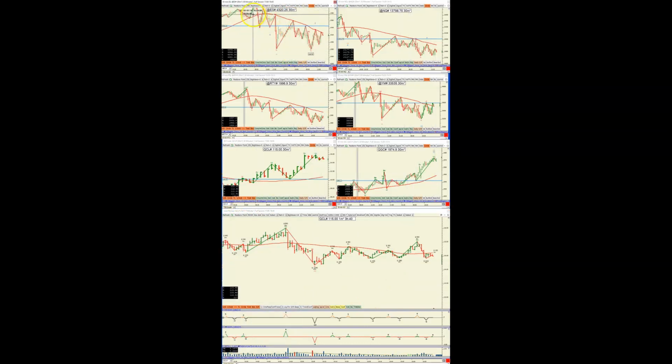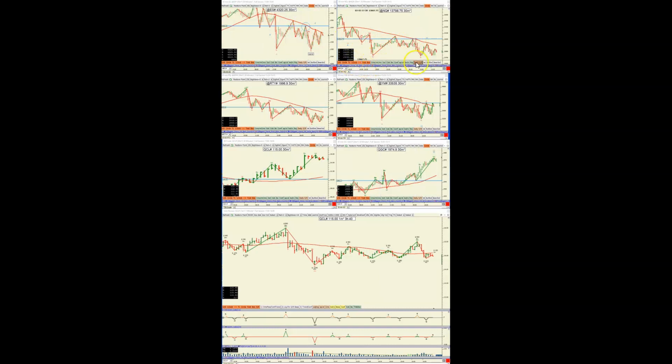We see that in the ES, the market was downtrending, and it had an upthrust right there, after it made a low. See that upthrust? Same thing on the NQ.